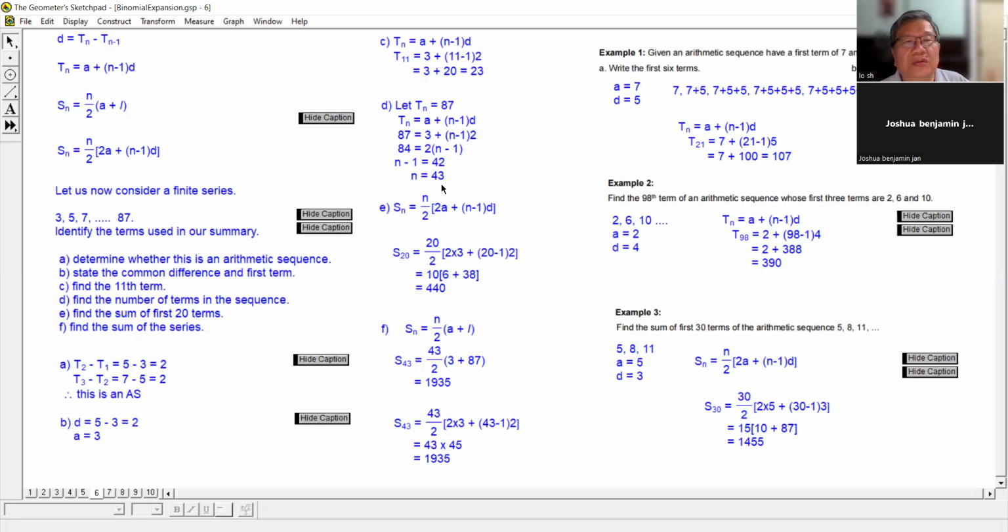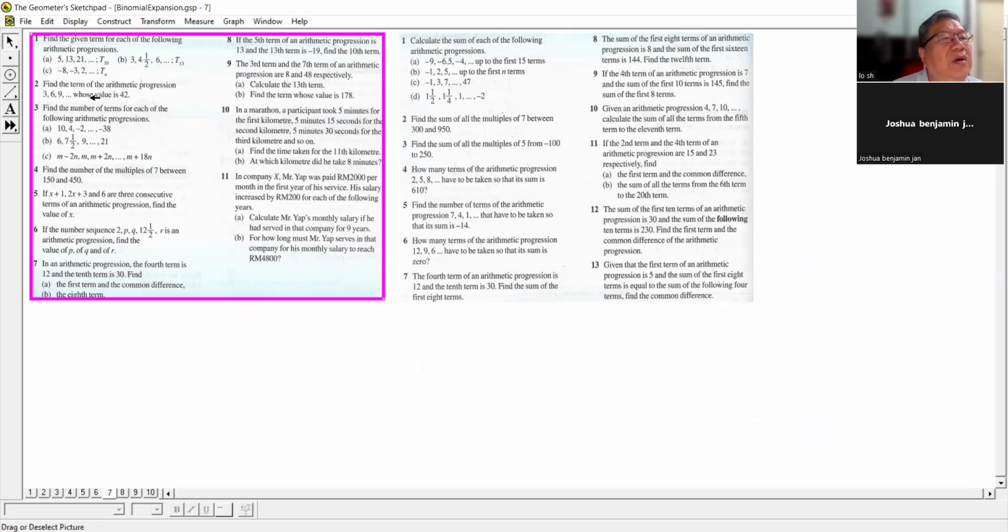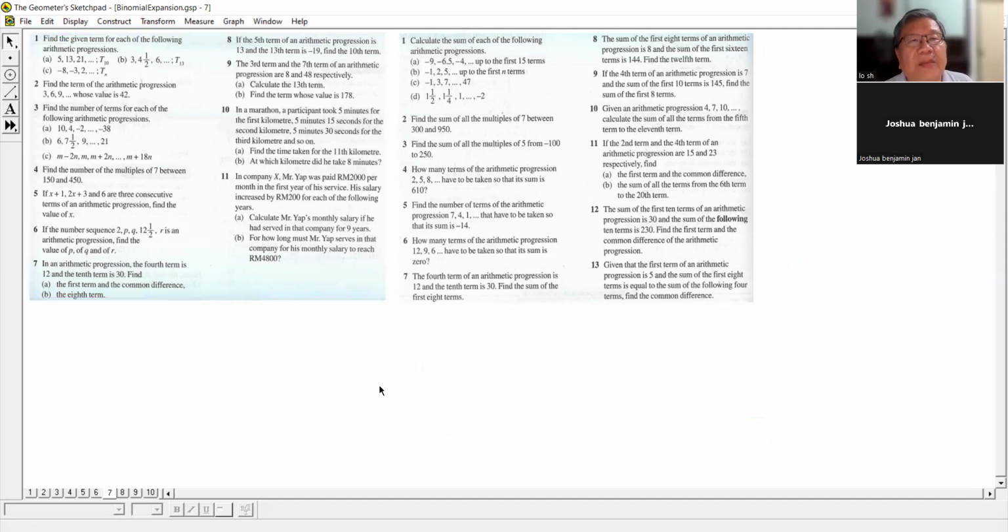So now I know 87 is the 43rd term. With this, you can actually do number 1, number 2, and number 3. Just do these 3, and also predict the term. So that's all, right? The time is up already. So we stop here.